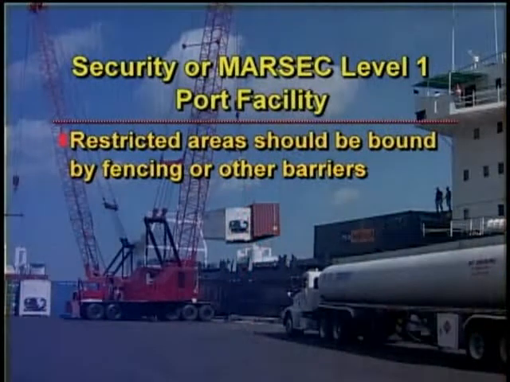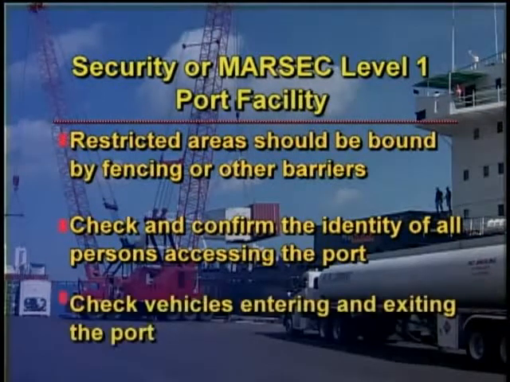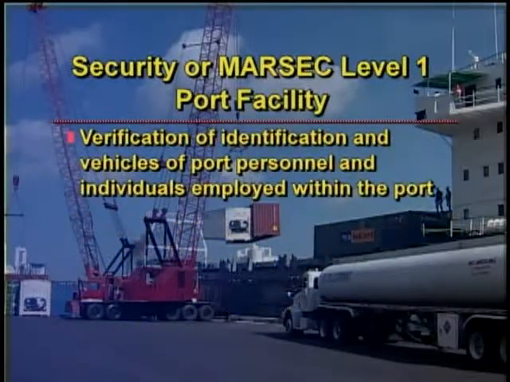For port facility access controls under Security or MARSEC Level 1, you have similar requirements. Restricted areas should be bound by fencing or other barriers. Check and confirm the identity of all persons accessing the port. Check vehicles entering and exiting the port. Verify the identification of all persons entering the port and confirm the access authority of vehicles of port personnel and individuals employed within the port.